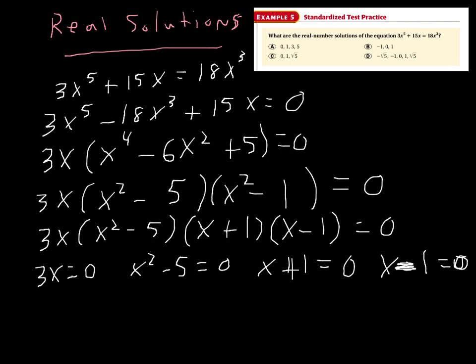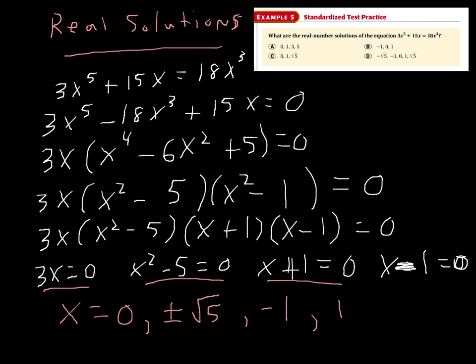And for our final answers, we have x is equal to 0 from the first set, plus or minus radical 5 from the second set, negative 1 from this set, and positive 1 from the last set. So which of our answers reflect this response? And I believe we're looking at choice D.